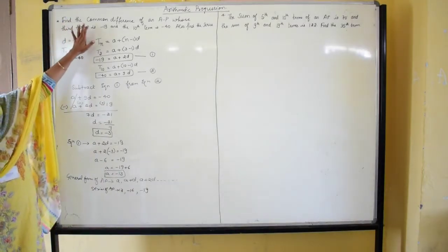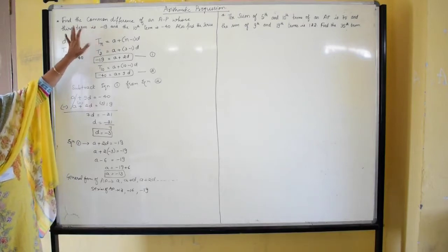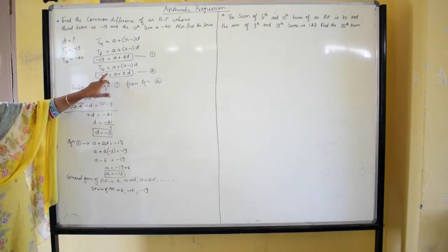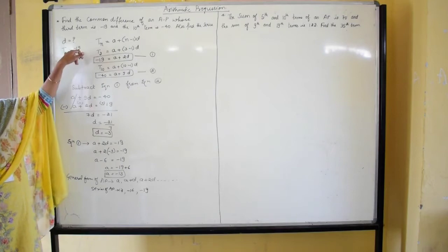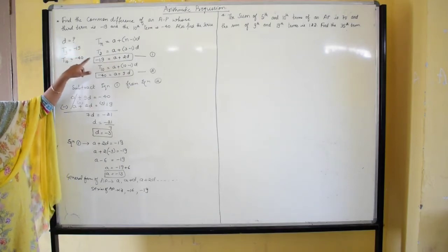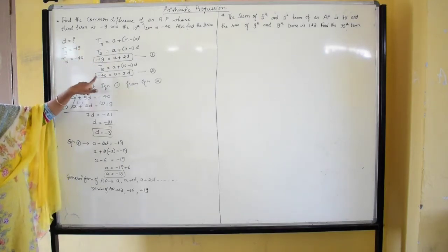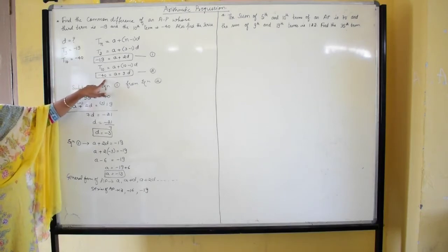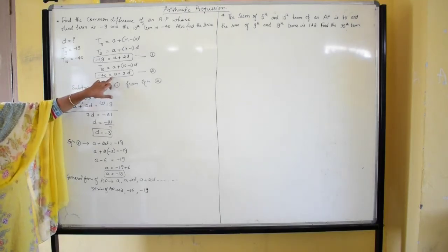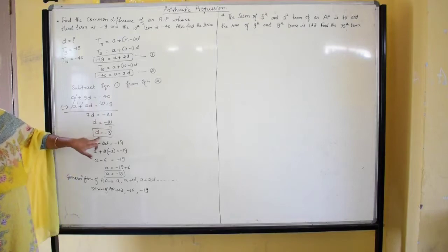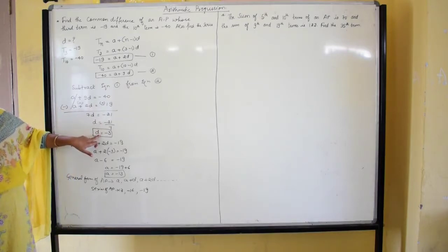In the problem, the terms were given. So first we find the common difference D by taking the terms given, the third term and the 10th term. We consider the third term as equation 1 and the 10th term as equation 2. Then subtracting equation 1 from equation 2, we get the value of D, the common difference.